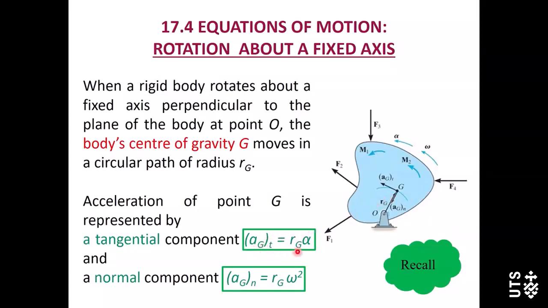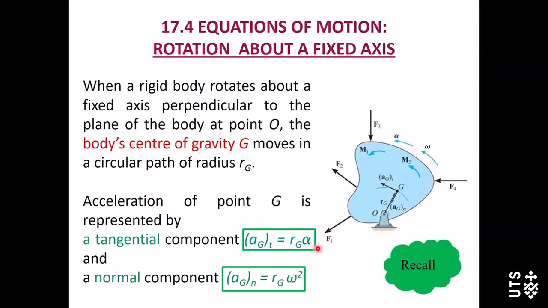Here is the tangential component of a_G expressed using alpha, and here the normal component of a_G expressed using omega.